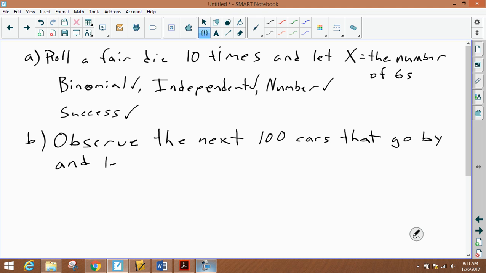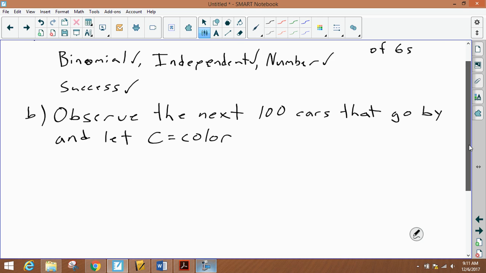And let a random variable C equal the color. Does the random variable C have a binomial distribution? That's what we want to know.